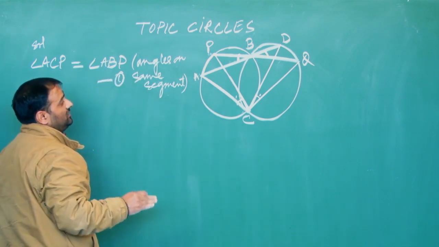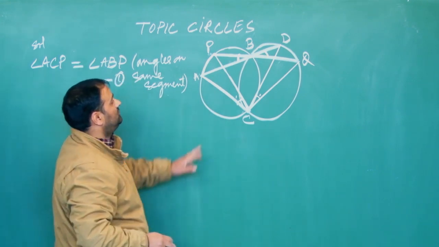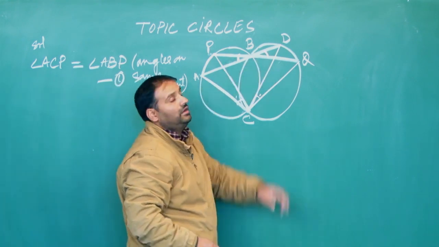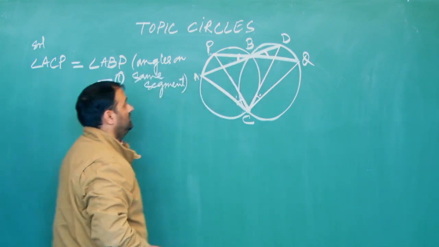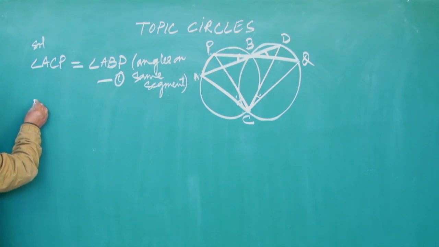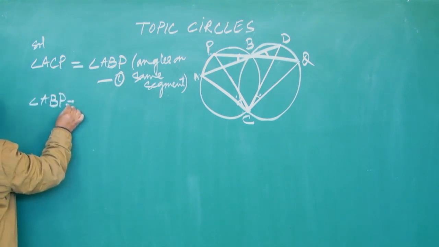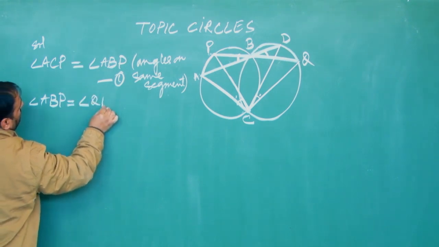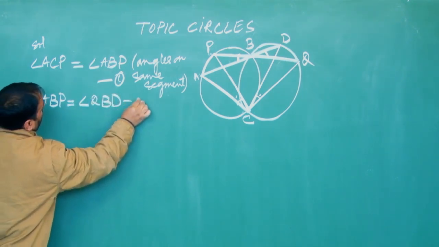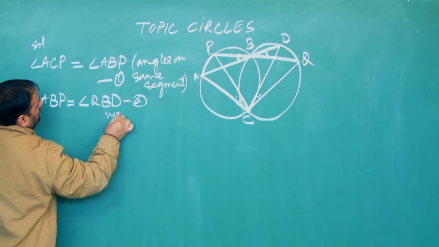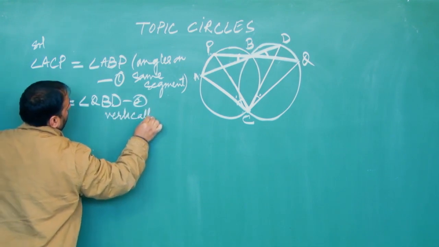When two straight lines intersect in a point, the opposite angles so formed are always equal and are called vertically opposite angles. So, you can write angle ABP is equal to angle QBD. And why are they equal? Because they form vertically opposite angles.